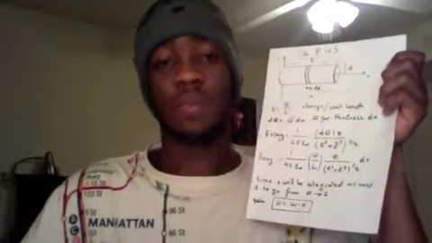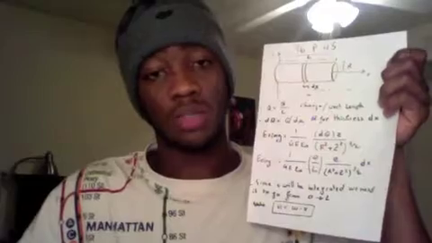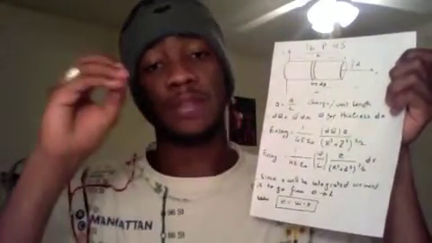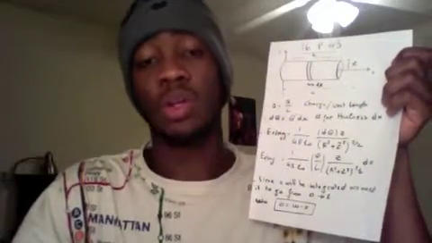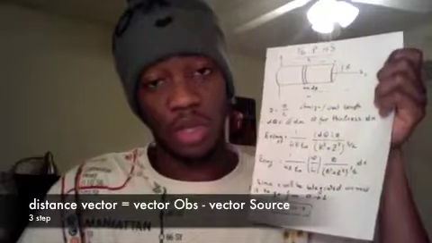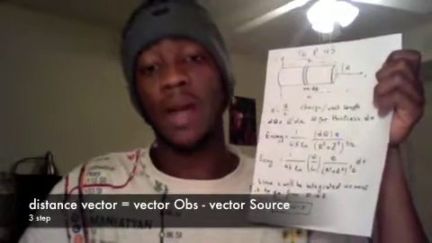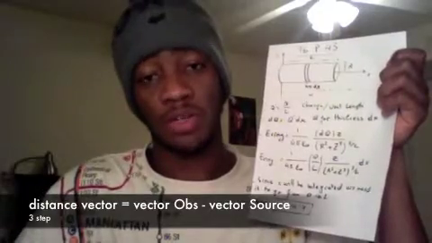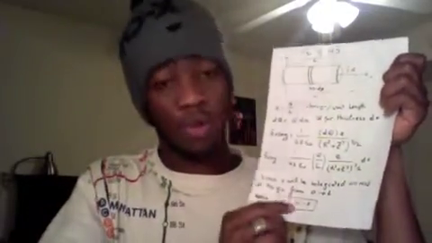So for the distance we use the simple formula that we were given, that the distance is equal to the observation location minus the source of the electric field. And this is at the bottom right here.